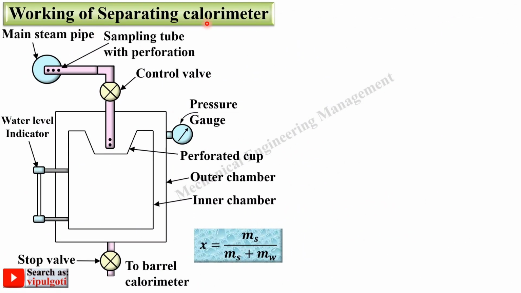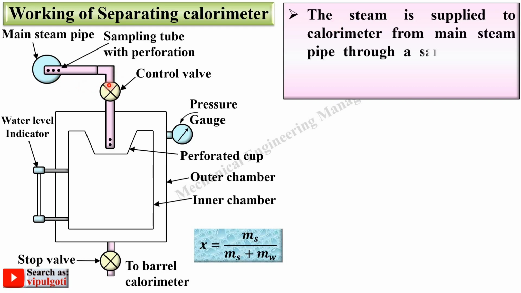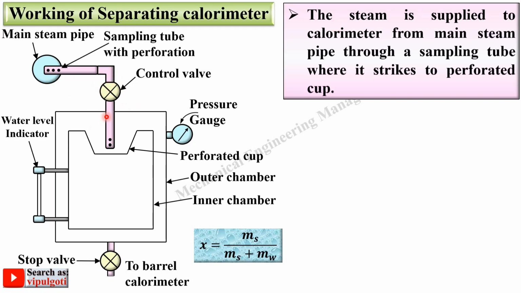Now let's see the working of the separating calorimeter with the animation. So focus over here carefully. First of all, the steam is supplied to this calorimeter from this main steam pipe through this sampling tube, where it strikes this perforated cup.